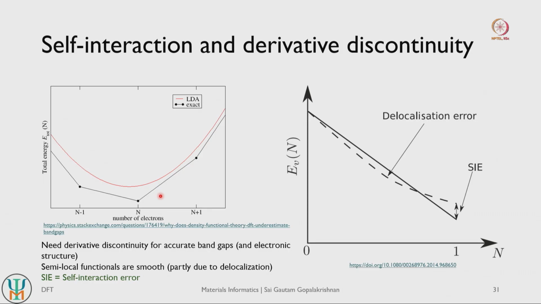The idea is that when you remove an electron, it comes from the valence band maximum in a given system, and when you add an additional electron to the system, it goes into the conduction band minimum. So the difference between the two terms gives you your fundamental band gap, and if your exchange correlation functional does not recover this derivative discontinuity, it is going to be inaccurate in the prediction of your band gap, right.